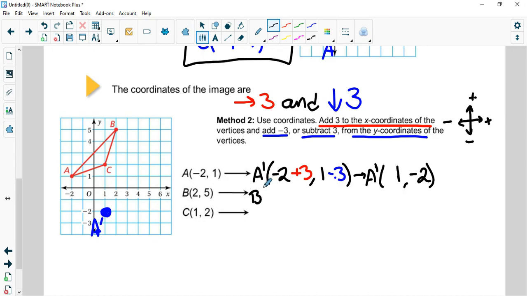Go to B prime. To the x coordinate, I need to add 3. To the y coordinate, I need to subtract 3. My new x value becomes 5. And my new y value becomes 2.